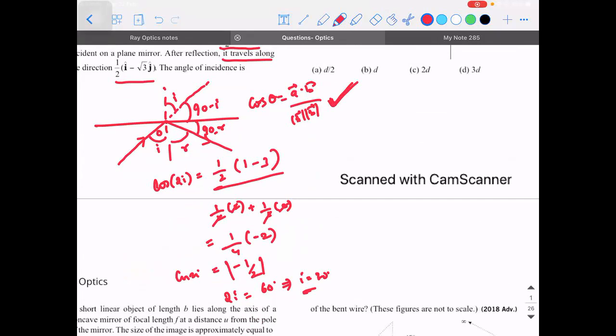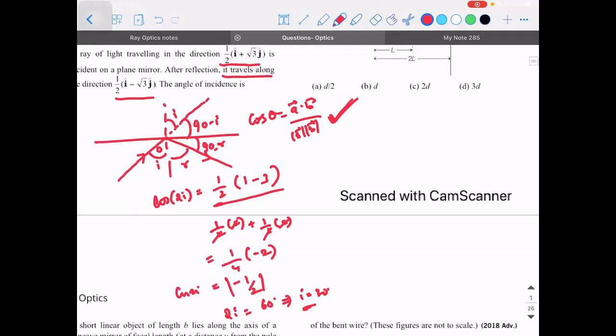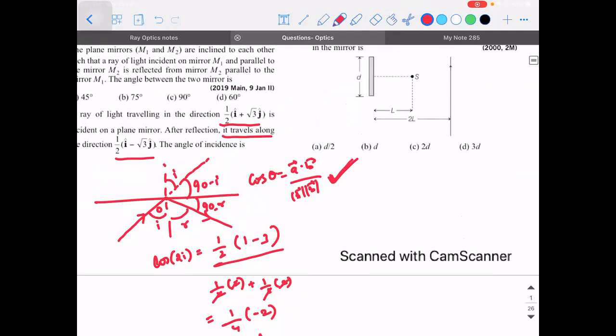Yeah, that's what it is. சார், டாட் ப்ராடக்ட் பண்ணும்போது 1/2 into 1 minus 9 வராது. ஓ, root 3. நான் 3 எழுதிட்டேன், சாரி. Got it.